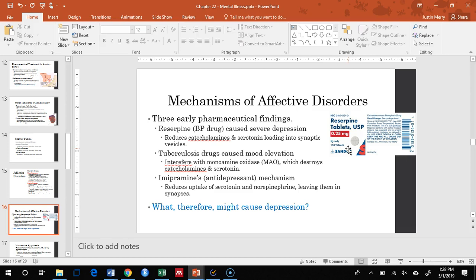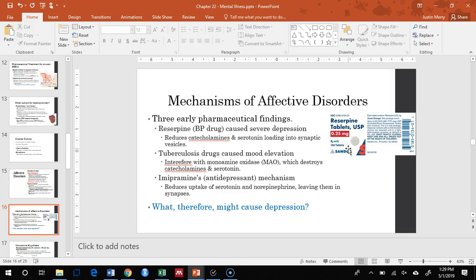Another one, the imipramine antidepressant, works as an antidepressant by reducing reuptake of serotonin and norepinephrine. So it's a serotonin reuptake inhibitor, and it's also a norepinephrine reuptake inhibitor. All the neurotransmitters mentioned there, the catecholamines, serotonin, norepinephrine, are monoamines.